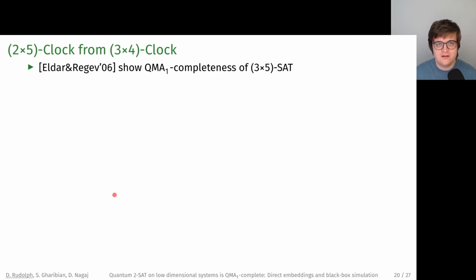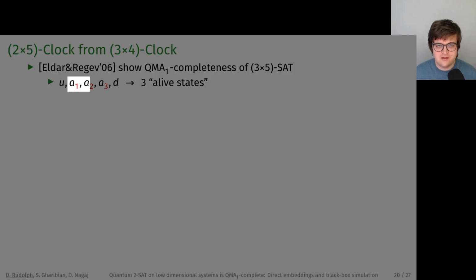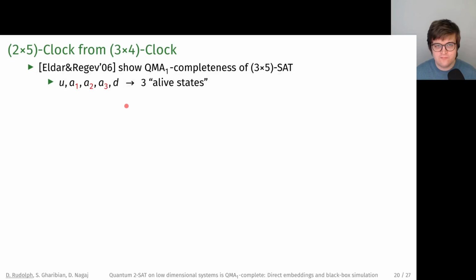The idea then is to start with a 3x4 clock and from that build a 2x5 clock. Recall that Gosset and Nagaj... rather, Eldar and Regev show QMA1 completeness of 3x5 QSAT. The basic idea there is that each 5-dit is regarded as these 5 phases: unborn, alive 1, alive 2, alive 3, and dead. Essentially the gates are only applied on these alive states.